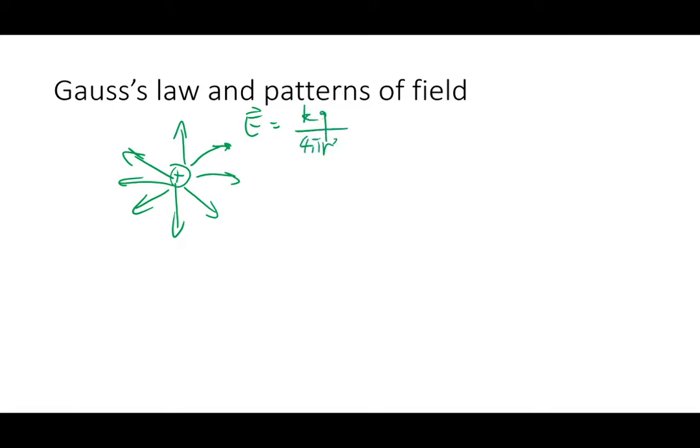But first, let's think about what Gauss's law was trying to tell us. Gauss's law was saying that, okay, for a point charge you can get all kinds of electric field, looking way back. And the expression for this electric field is kq over r squared, or q over 4 pi epsilon r squared. And this term here looks like the surface area of a sphere.